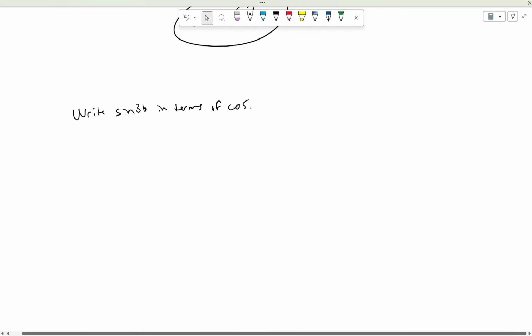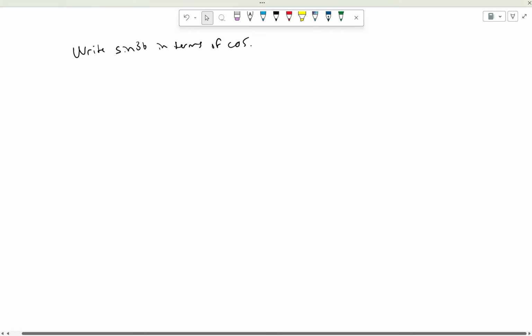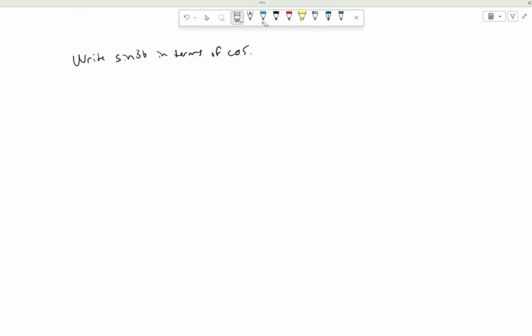So it has to do the same. It has to do with complements here. So remember, the sine of 36 is going to be just the complement of its cosine, right? Complement. So it's going to be 90 minus 36, which is 54. Okay? So it's going to be the cosine of 54.